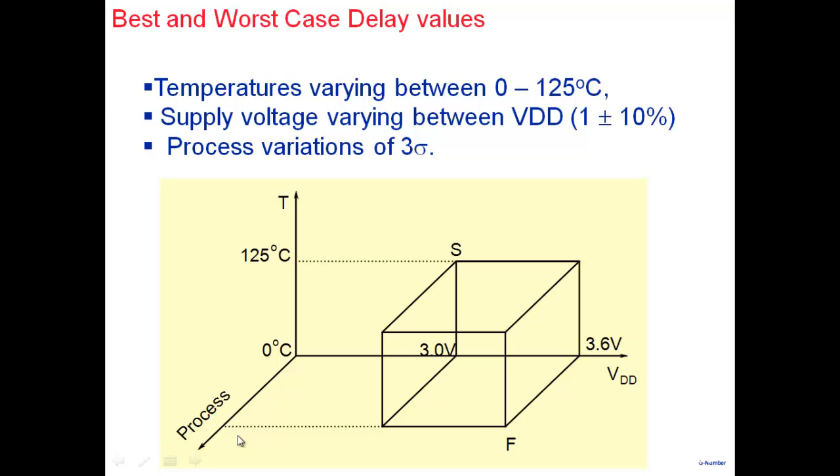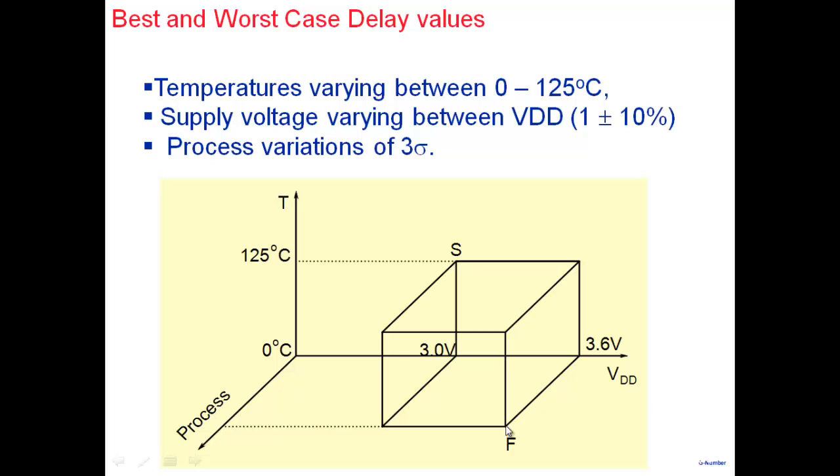At this point, because I have a fast process here, fast transistor. Let's say fast NMOS, if we are looking at tau P high to low, so NMOS is providing the current for discharge. So I have a fast transistor. I have supply voltage, which is 3.6. I have high supply voltage, so we have high current here. And I have temperature, which is 0 degrees, which means mobilities are higher.